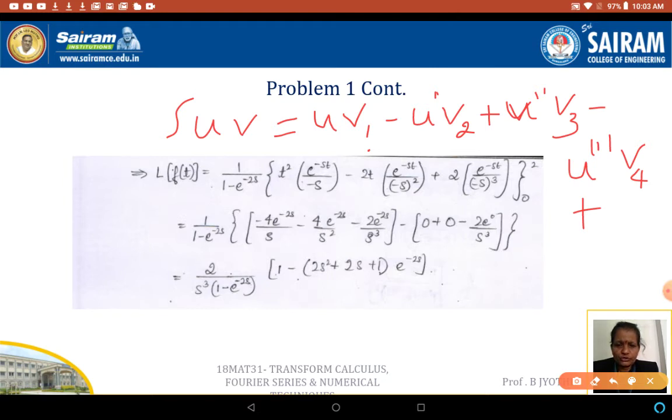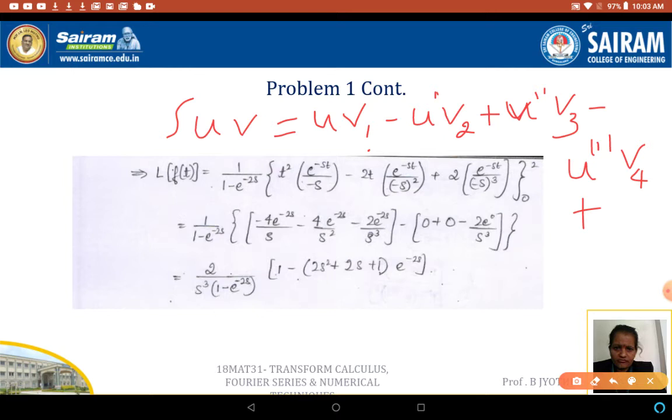So u into the first integral of v, minus u dash, the derivative of u, into the second integral of v, plus u double dash into the third integral of v, minus. You can observe that alternately we are using plus and minus, and this will continue till u becomes 0.